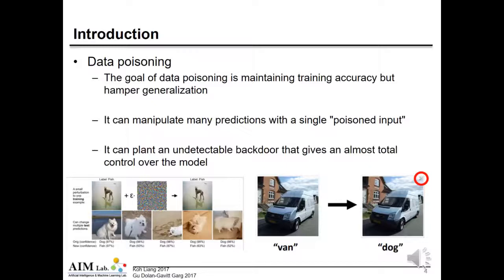Another data poisoning method is to plant an undetectable backdoor that leads the classifier to predict the image as some specific label. For example, in the right figure, just plant some small backdoor on the upper right side, then the classifier predicts the image as a different label because of the backdoor.